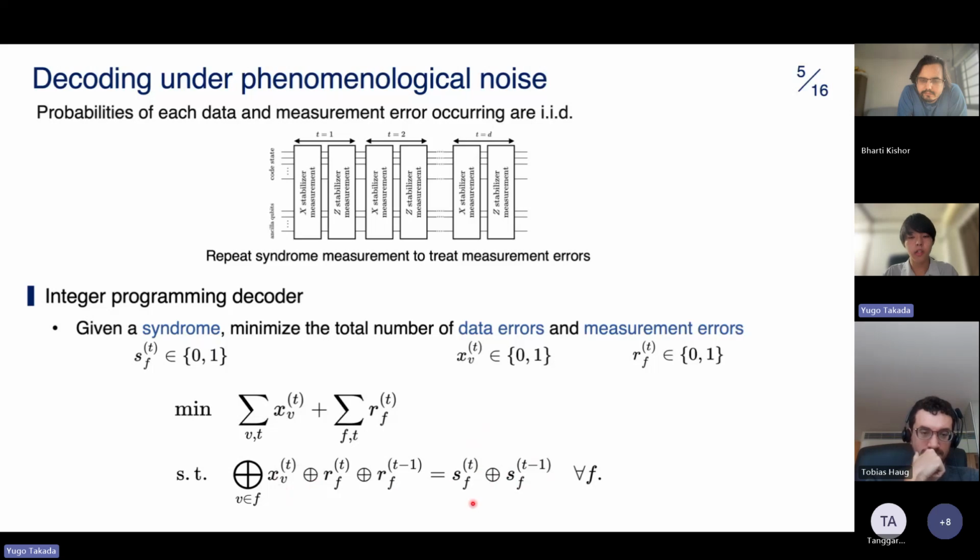So the difference between t and t-1 becomes the constraint, also taking into account the measurement errors in time step t and t-1. And the cost function is the total sum of data errors and measurement errors across all time steps.